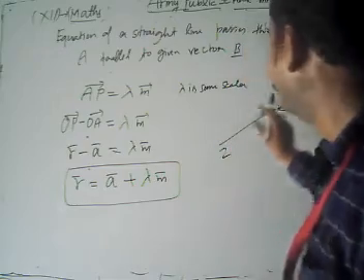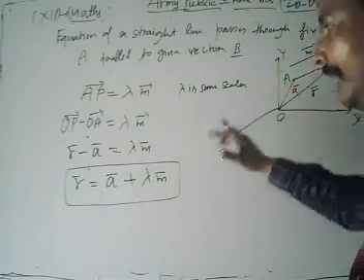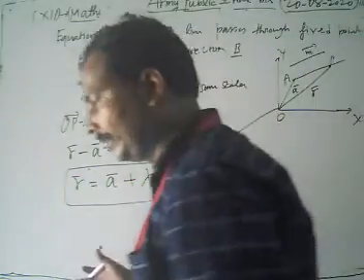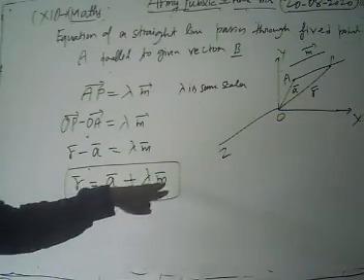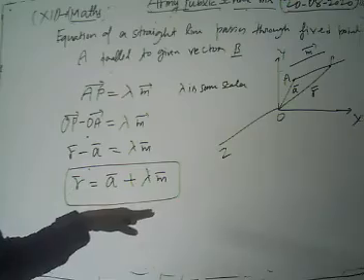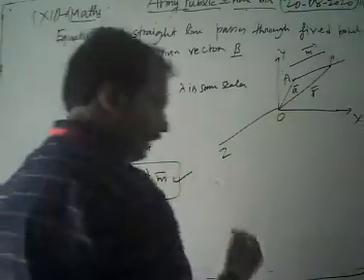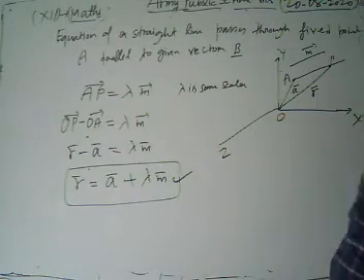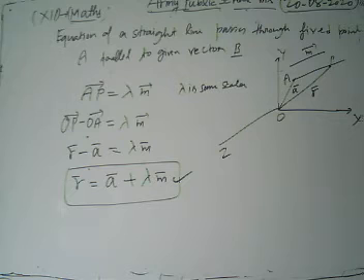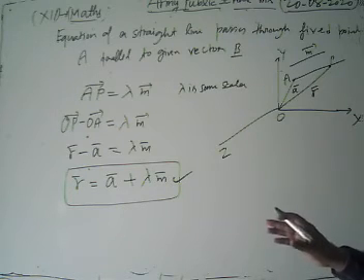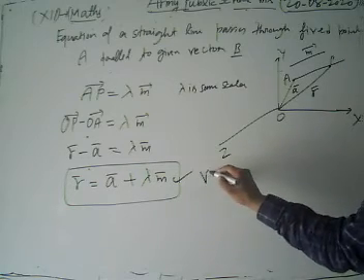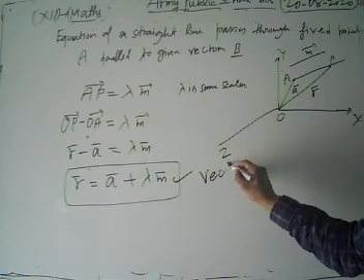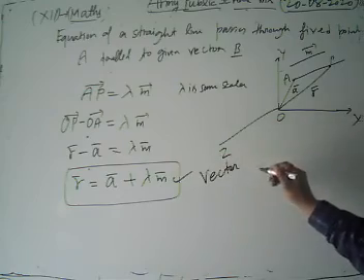If the position vector of the point is x1 i cap plus y1 j cap plus z1 k cap, then we can write r equals that plus lambda m, where m is the given parallel vector. This is our vector form of the equation of a line passing through a fixed point A and parallel to a line m.